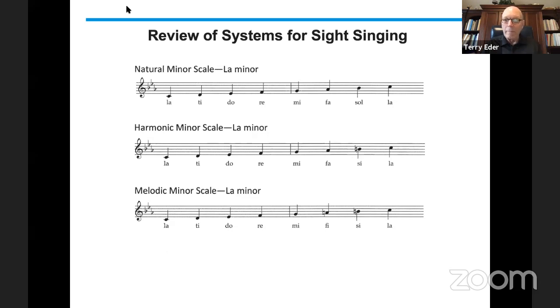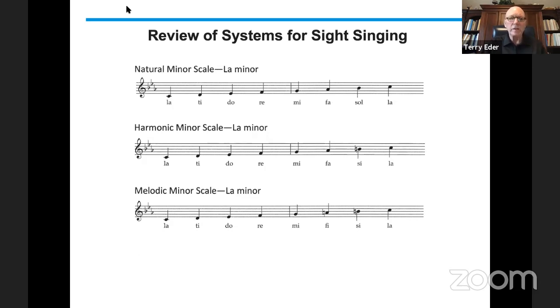So la minor, very good system as well. I like do minor because it's just do and sol sound, and la and mi, I don't know, if I'm not in major to minor in changing a key, then la and mi are just harder for me to think of as do and sol.